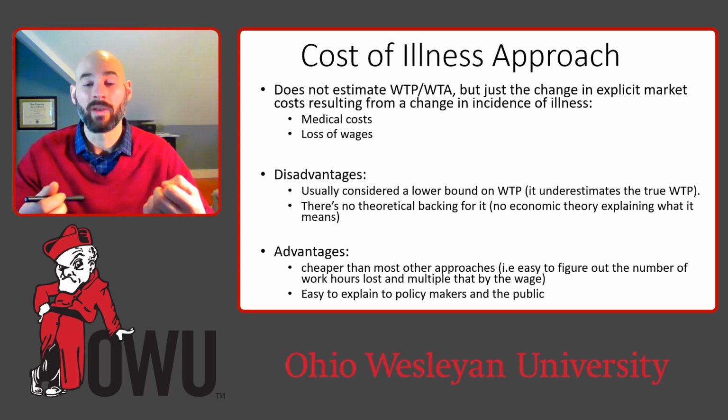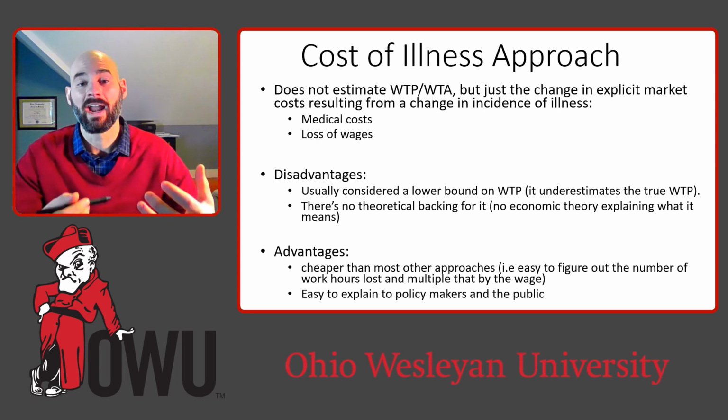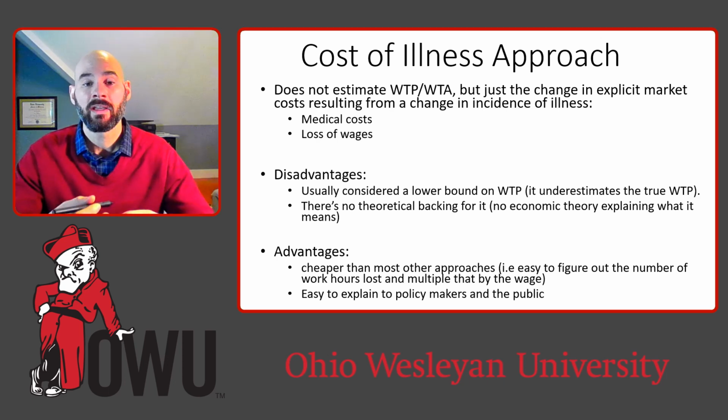When we ignore those hidden costs, we may be underestimating the real damage of a particular environmental pollutant or health outcome. That's really going to be an area where economic awareness and understanding can help us make a stronger case for environmental advocacy and protection.